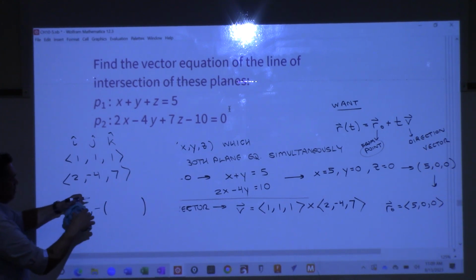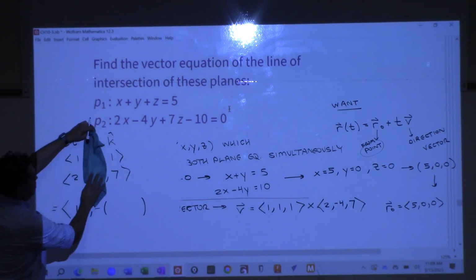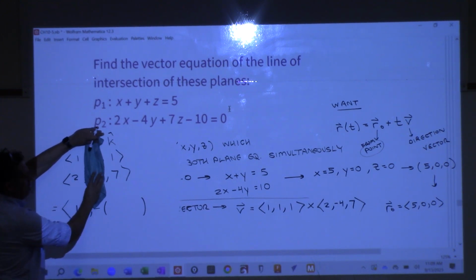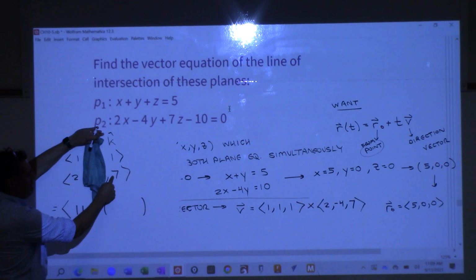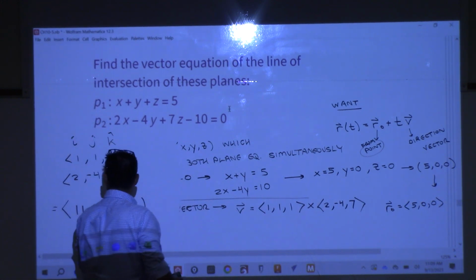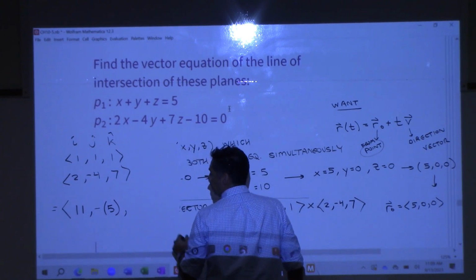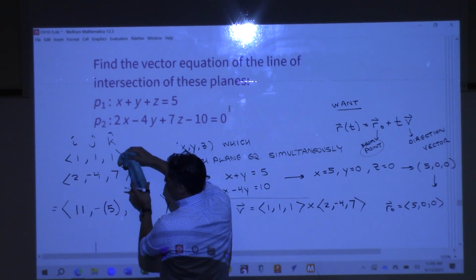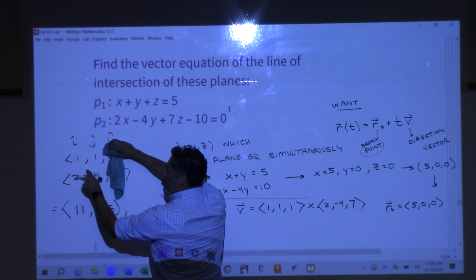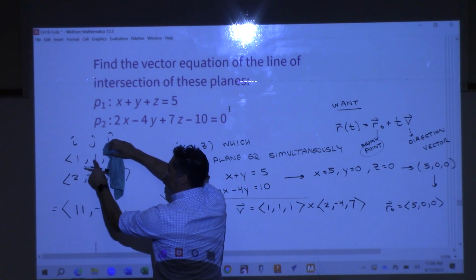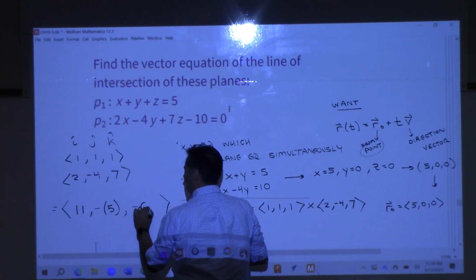We cover up the middle and do the determinant on this piece here. So 1 times 7 is 7, take away 2, which is 5, so that'll be minus 5. And then the last one, we cover up the last column. Negative 4, take away 2, so negative 6. There we go.